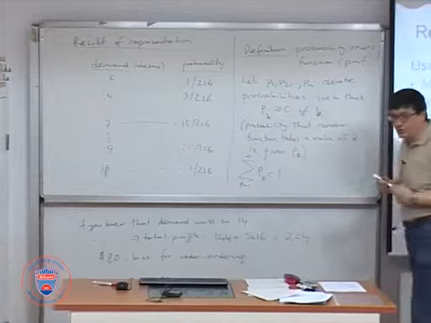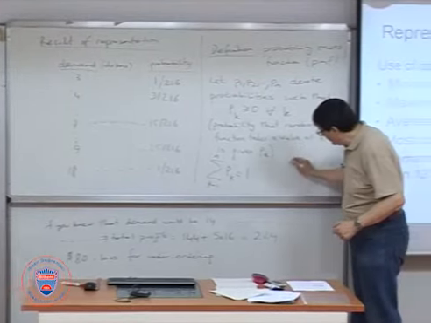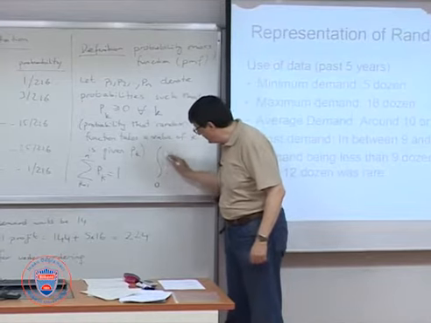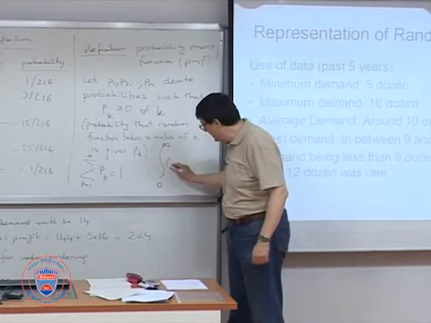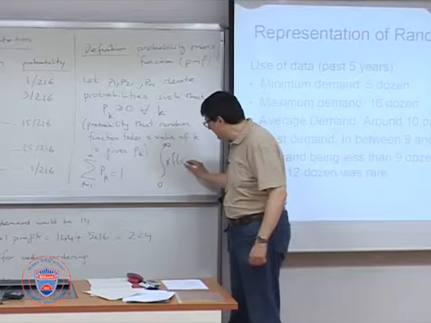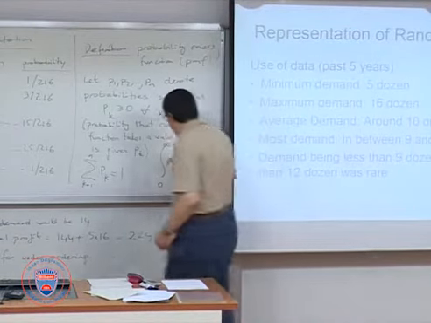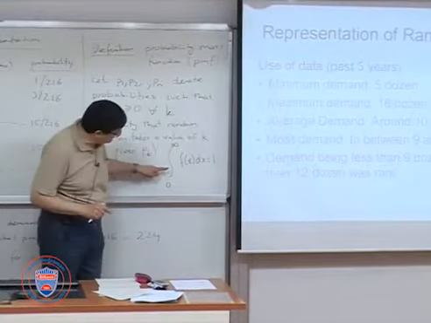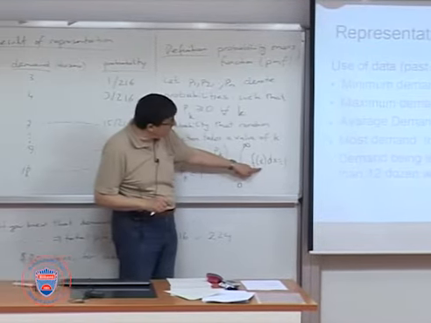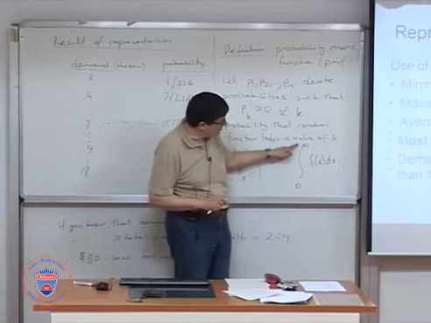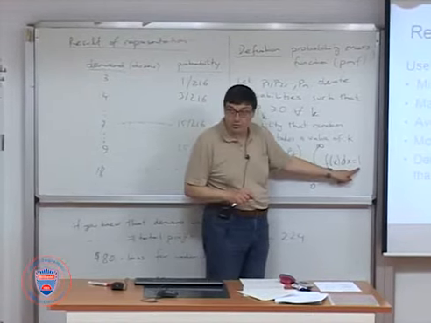Now, we are not going to work with it, but there is a continuous version of the same thing. So if you integrate a function f of x dx over all its possible region from 0 to infinity, it's going to be equal to 1.